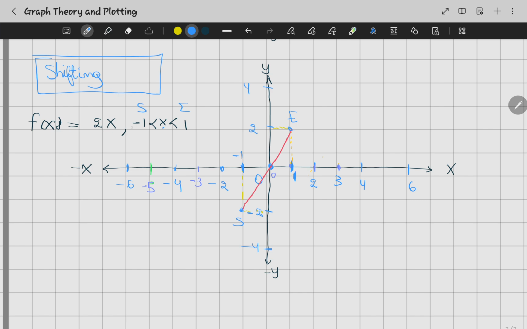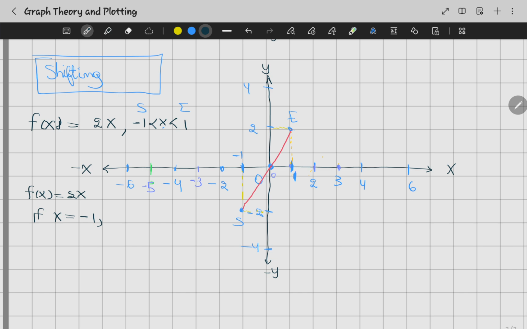Okay, and then in order to know this, if I say x equal to -1, we're going to plug it into this function. So this is our function of x.